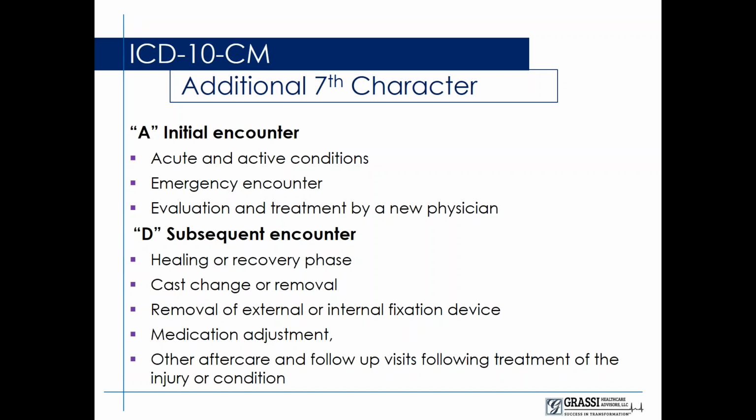A, again, is acute or active conditions, emergency encounter, evaluation and treatment by a new physician. So maybe the patient is undergoing treatment for a condition, and a new provider comes in to see the patient that day. So it's the first time that provider is evaluating and treating the patient for that condition. So the 7th character would be an A that day.